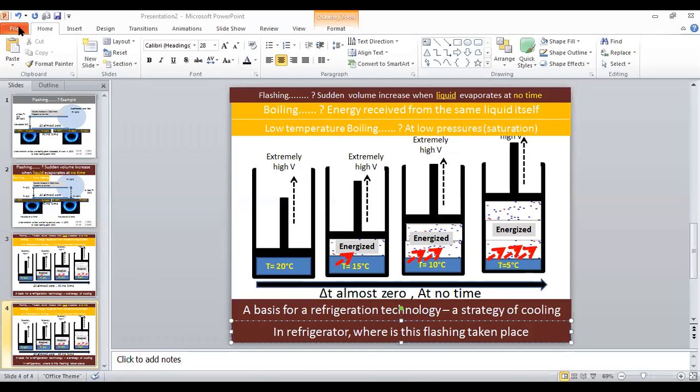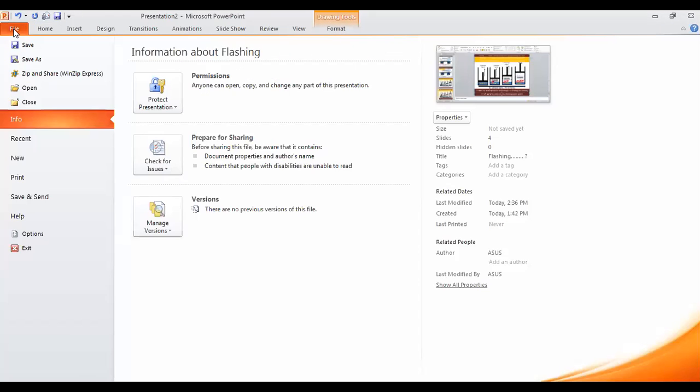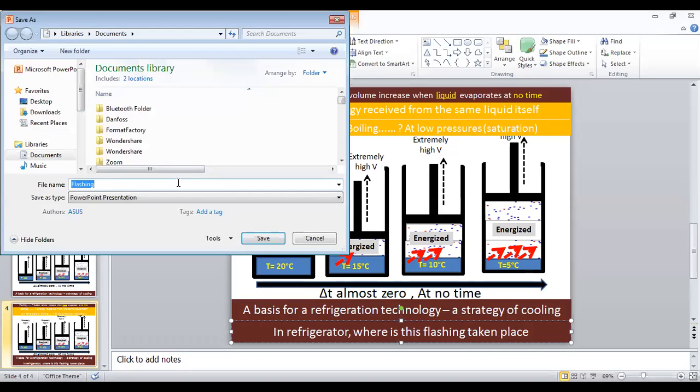In the refrigerator, let me save this file. Flashing.